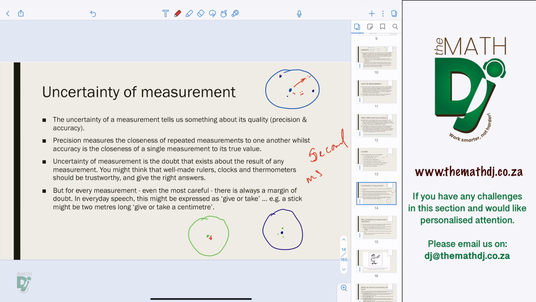So for example, let's say this pen is actually 15 centimeters. If you use a tape measure, it can give you maybe 15.2. If you use another type of measuring device, you can get 14.8. So the margin of error can be different from one measuring device to another.